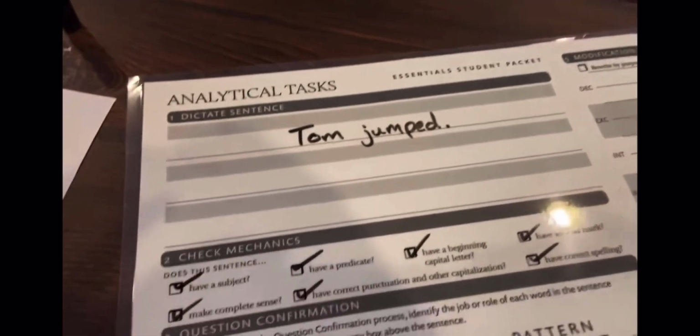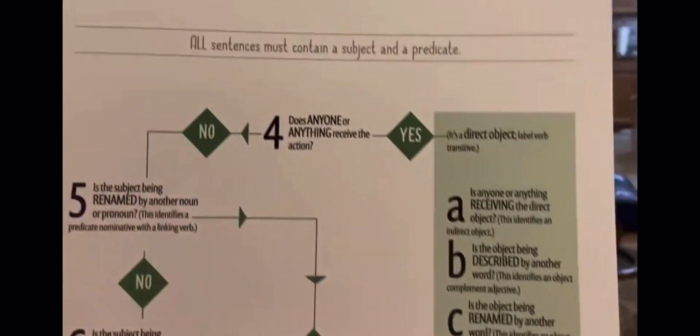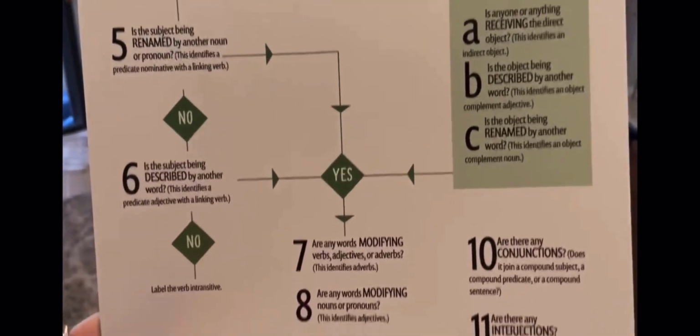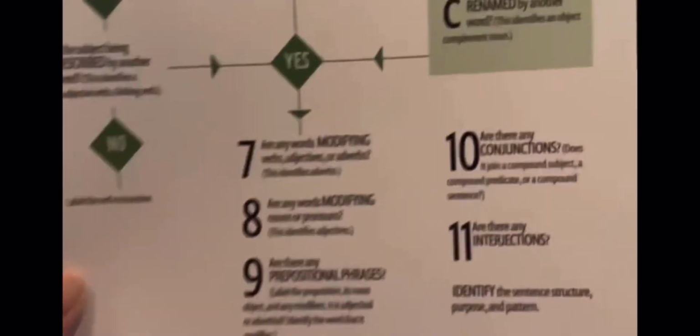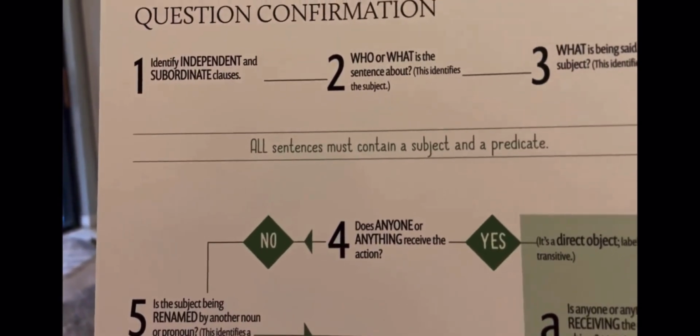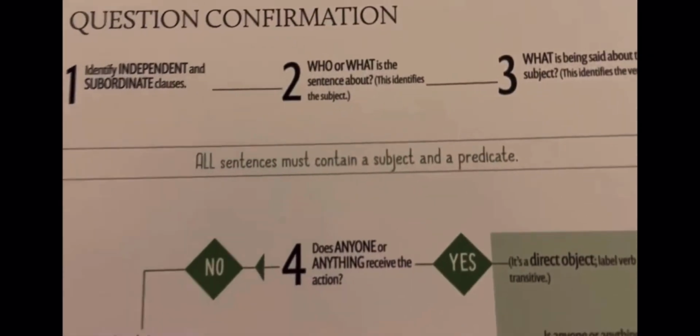So the question confirmation is a little bit tricky at first. The question confirmation sheet that came with your guide goes through a lot of questions, and we are only focusing on about 3 to 4 questions right now for first years this week.